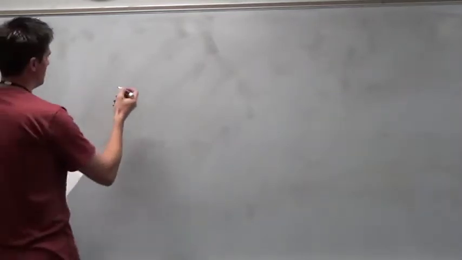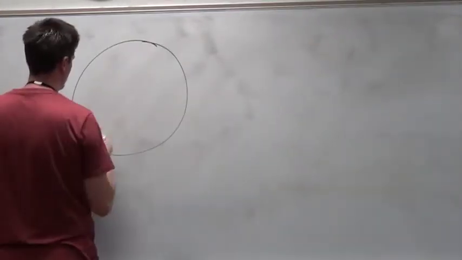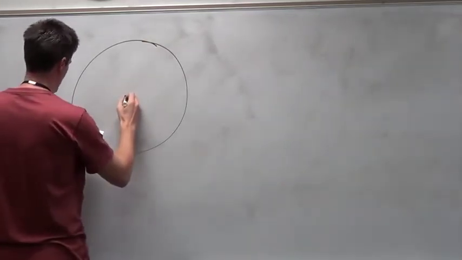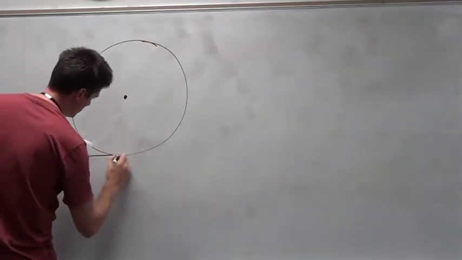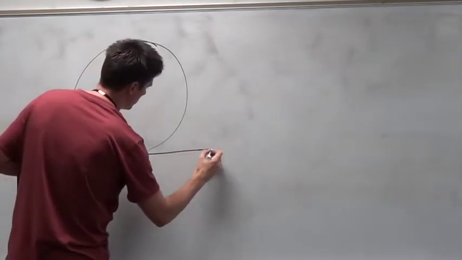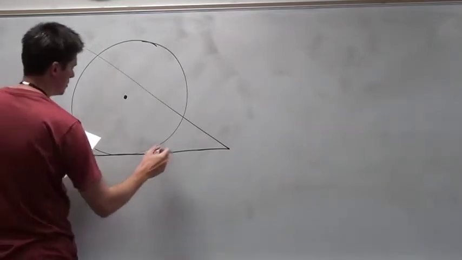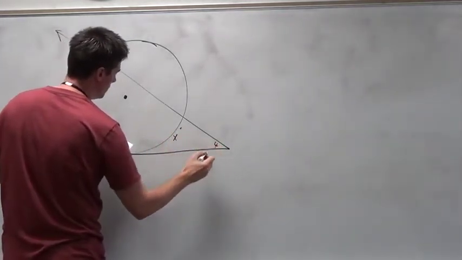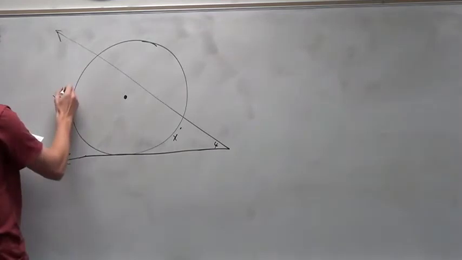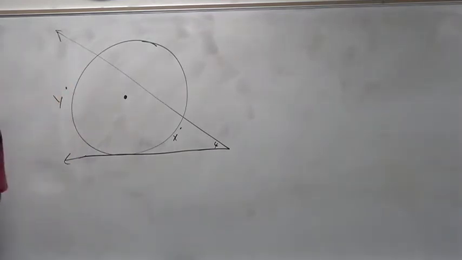Question 5. This is x degrees, this is angle 4, and this is y degrees. Once again, we're looking for the angle measurement. And this works both ways when we're doing this.